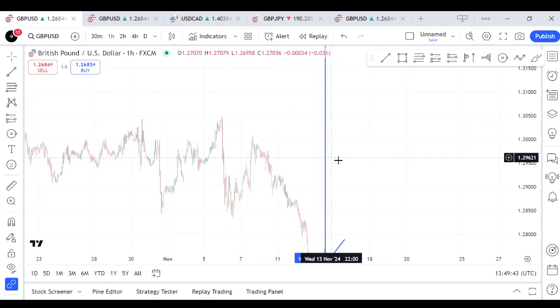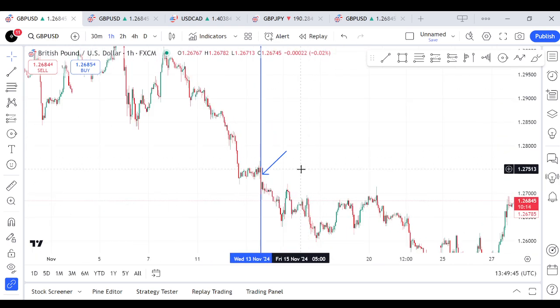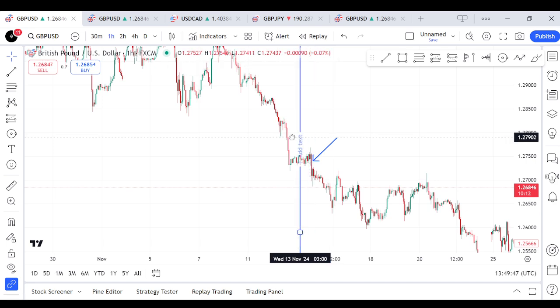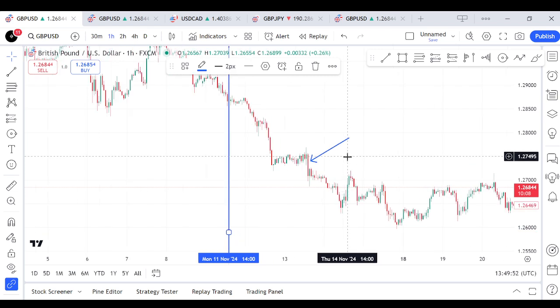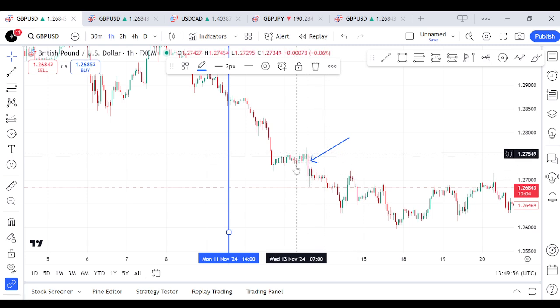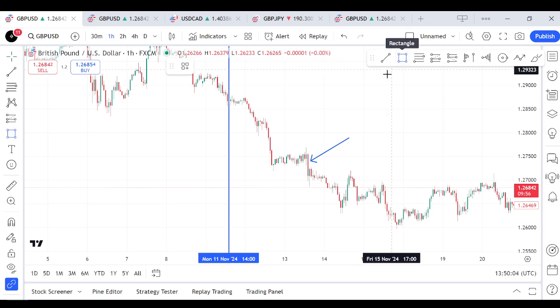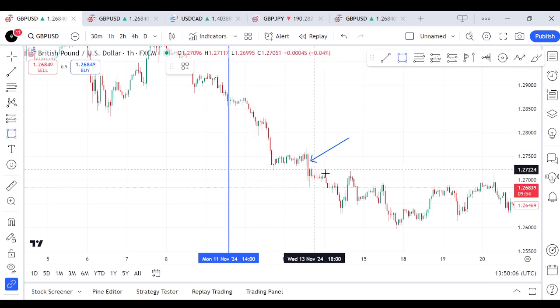But before we get to that, let's discuss how we could have caught a trade on this CPI day. It was expected that, like I said before, the inflation was lower on this day, and if you are anticipating that the actual release numbers were going to be lower than the forecast, you should be looking for selling opportunities.